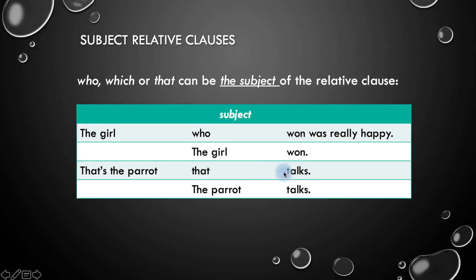That's the parrot that talks. By that we mean the parrot. The parrot talks, and the parrot is the subject of the sentence. So that's why that is also the subject of the sentence. Now, why is it important to know if a relative pronoun is a subject or an object of the sentence?